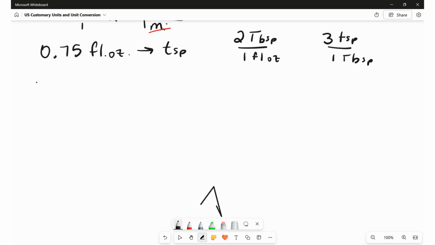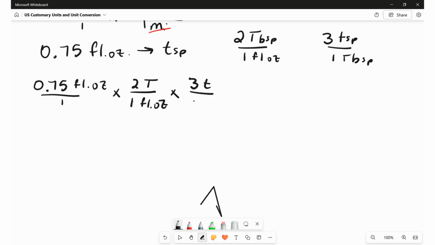We're going to start out and say 0.75 fluid ounces, and we can put that over 1. We're going to multiply that by 2 tablespoons over 1 fluid ounce, and again multiply by 3 teaspoons over 1 tablespoon.